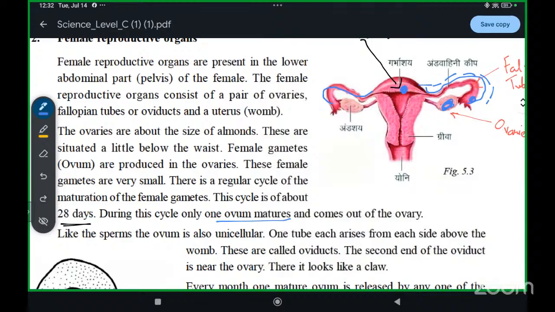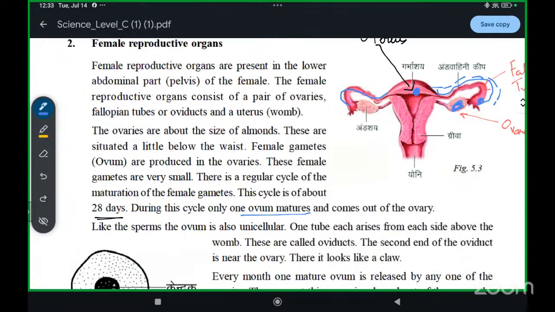So the period cycle is once in every 28 days, the monthly cycle. This is how it happens in our body.